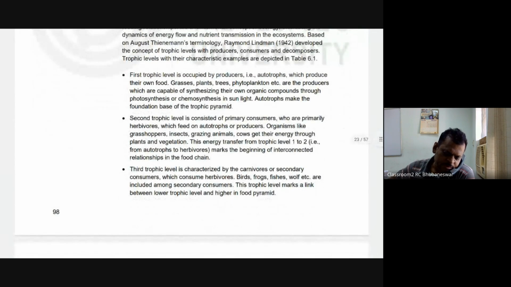The second trophic level consists of the primary consumers. Who are the primary consumers? They are the herbivores, who eat plant products or grass, like grasshoppers, insects, grazing animals, cows.